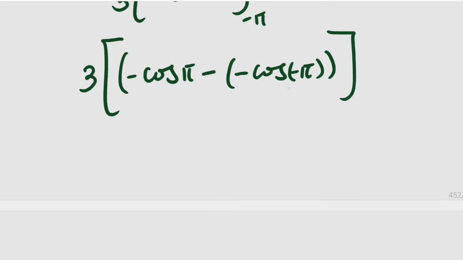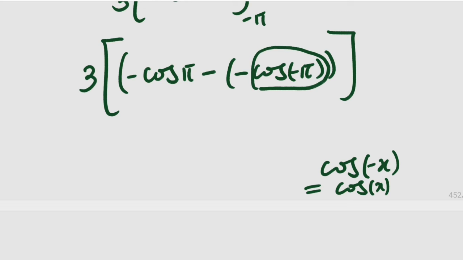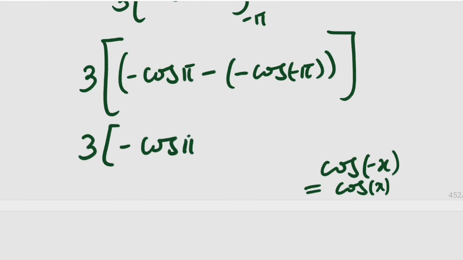So you should know that cosine is an even function. Therefore, cosine of a negative value is the same thing as cosine of the positive value. That is what you should know. Therefore, the whole of this will be cosine of pi. The minus minus is plus, right? So this is 3 multiplied by negative cosine of pi, minus minus plus, then cosine of pi.